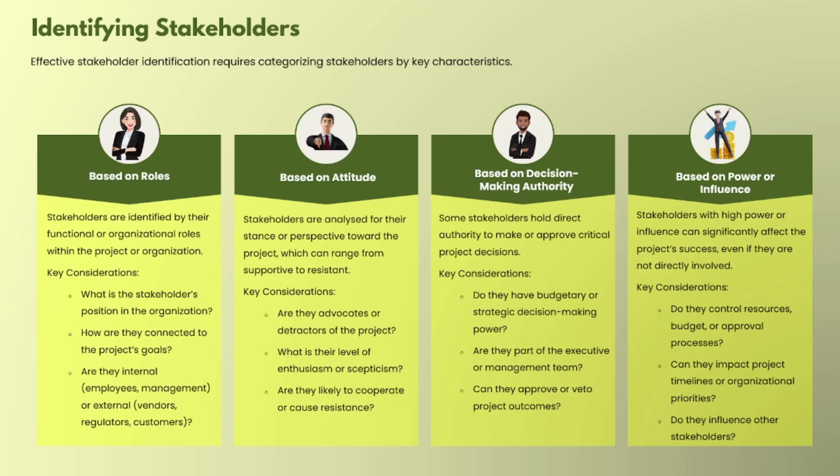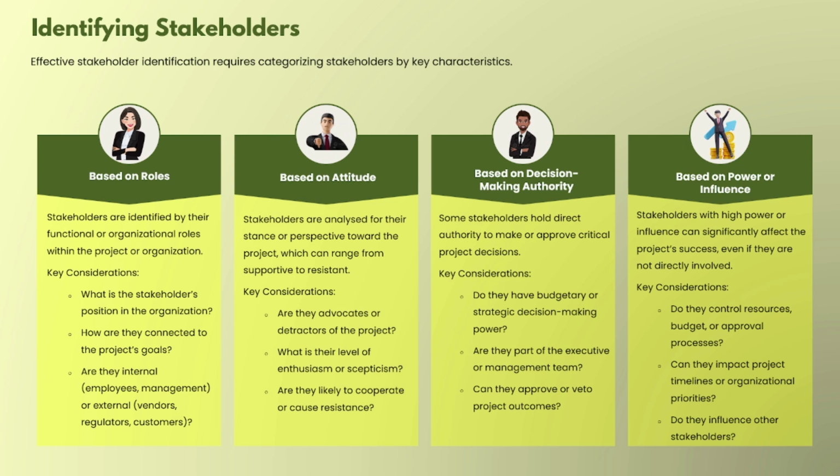This way we can keep the right people in the loop and avoid surprises later. It also sets the stage for better communication and smoother teamwork. So by identifying stakeholders very early, we can run the project very smoothly.